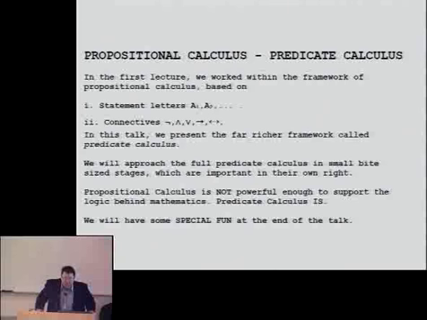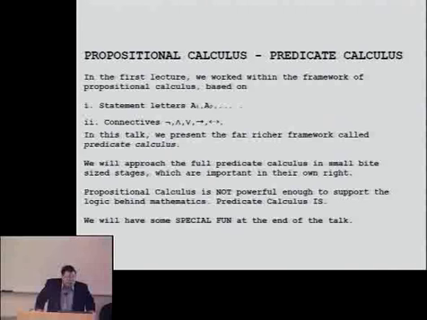So now propositional calculus is nowhere near powerful enough to support what's really going on in mathematical thinking. Mathematical thinking has a lot of variables, x and y. You've seen that. And of course, things like for all and exists.